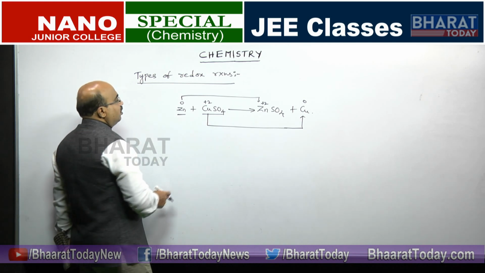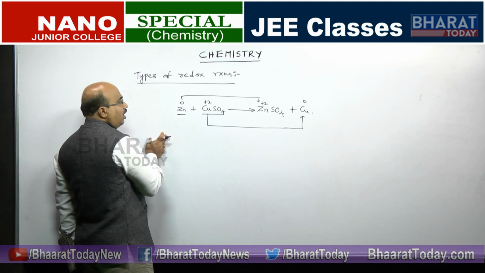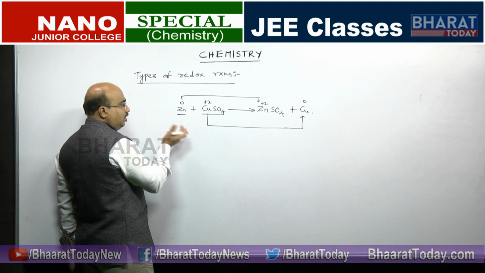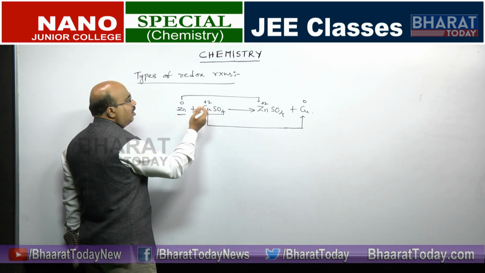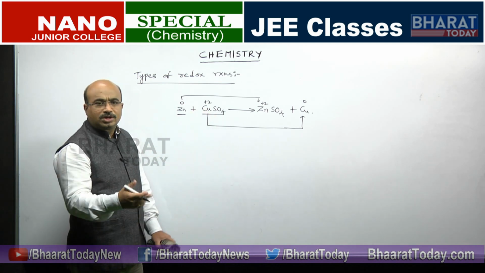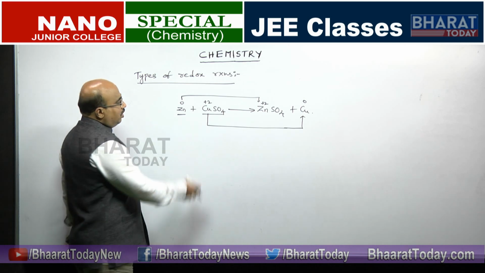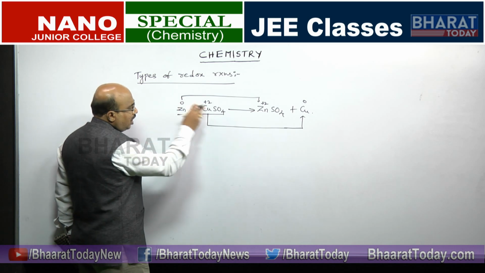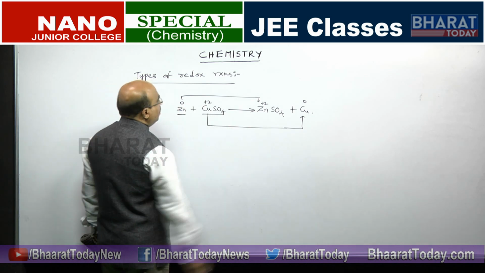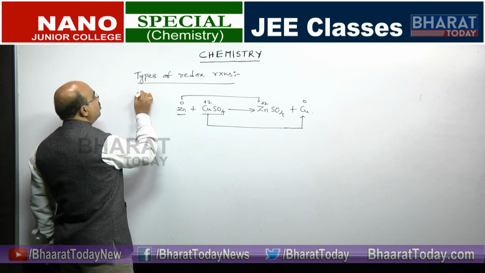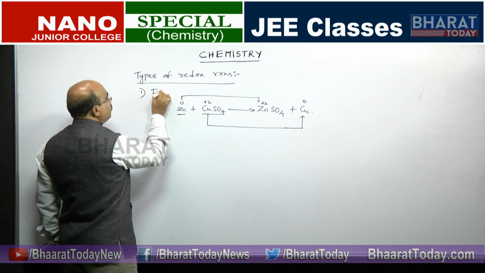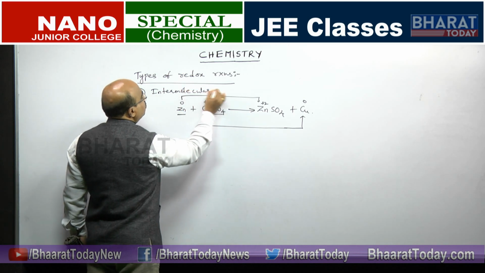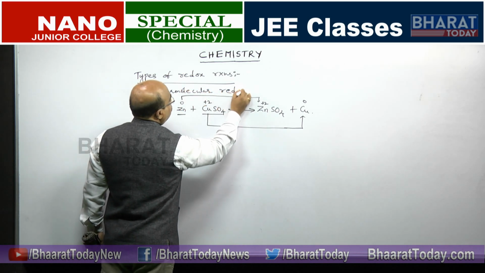So, in one compound one element may undergo oxidation, and in another compound another element may undergo reduction. So, when oxidation takes place in one chemical unit and reduction takes place in another chemical unit, such type of redox reactions we call intermolecular redox reactions.